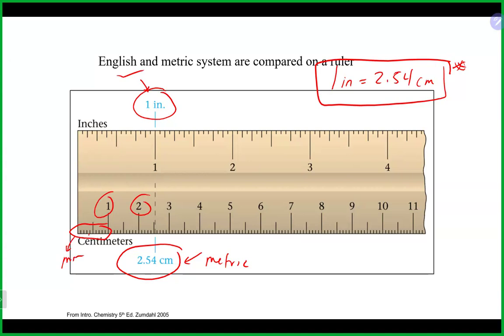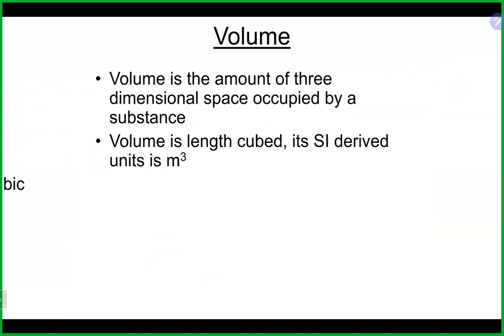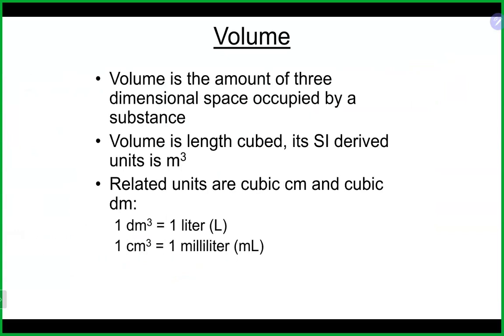So using a ruler, taking proper measurements, we're going to talk about. And you want to make sure, obviously, you're taking it in the proper units, if you need inches or centimeters or millimeters. So let's talk a little bit about some common volume conversions. Volume is the amount of three-dimensional space occupied by a substance.